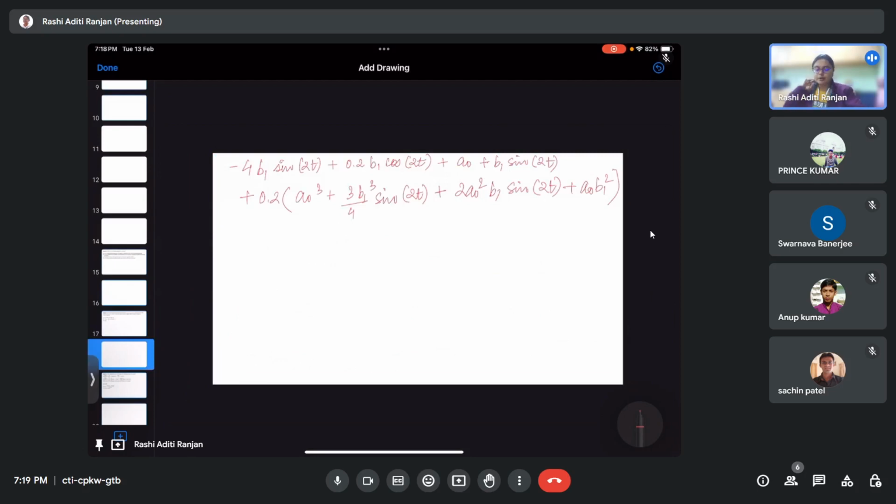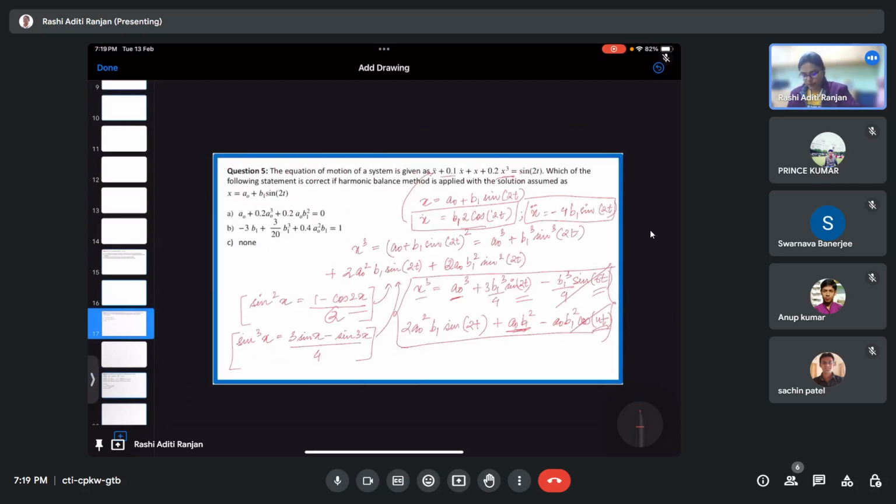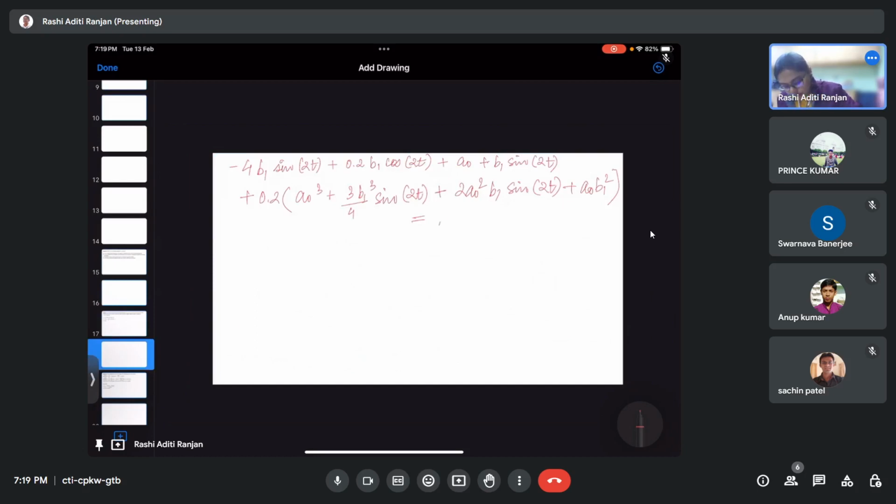Correct? And this is equal to 0.1 into sine of 2t.